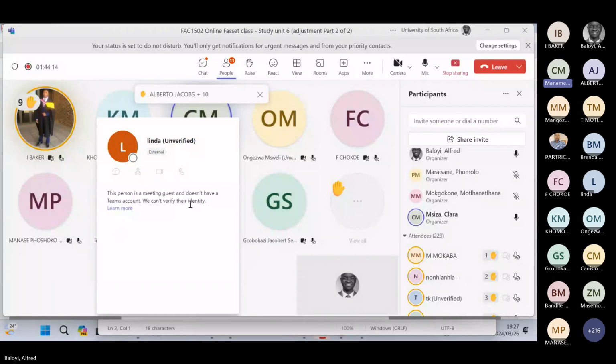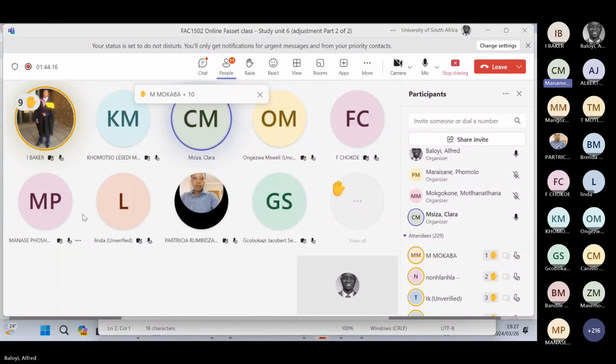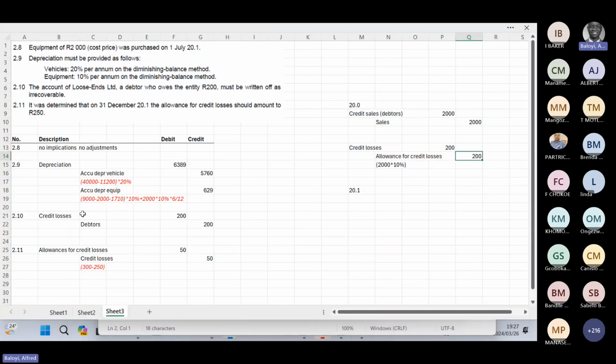Okay, let me open the mics. While I'm opening the mics, can you explain the difference between allowance for credit losses and credit losses? Okay, first and foremost, the allowance for credit losses is a balance sheet amount, right? And then the credit losses or bad debt is an expense. It goes to the income statement. The other one goes to the balance sheet.